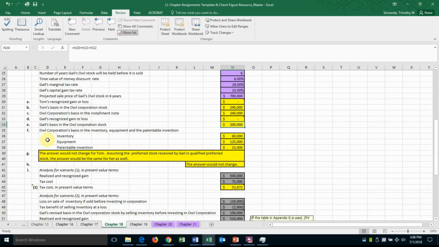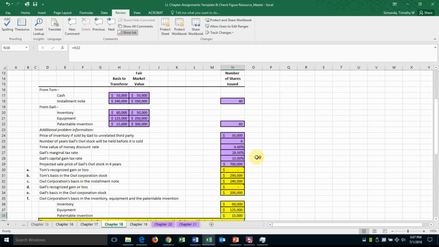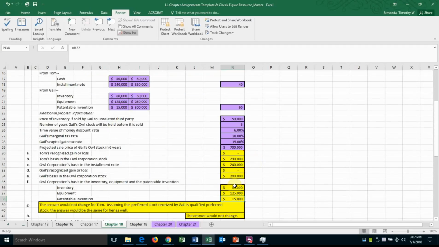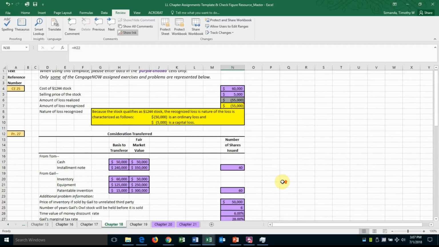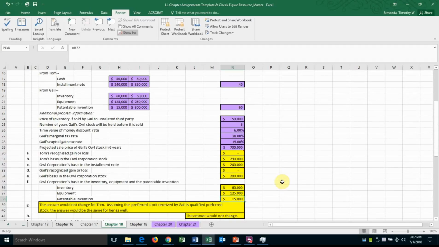Then we get down to part F, Owl Corporation's basis in inventory, equipment, and patentable invention. So if we're looking at it from Owl's point of view, we're just going to bring in those assets at the basis contributed. And so if we've listed the assets using the same basis that was contributed, if we scroll up here, we'll find the assets of $60,000 for inventory, $125,000 for equipment, and the patentable invention comes in at $15,000.